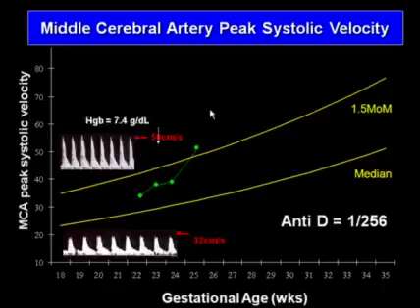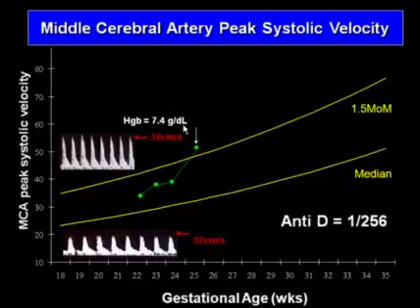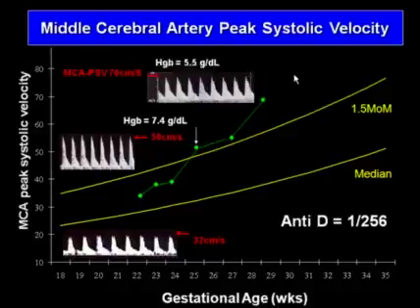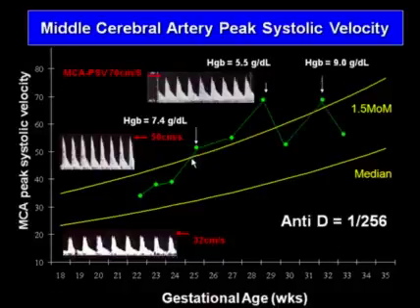At that point, we did a cordocentesis, and the fetus was anemic, with a hemoglobin of 7.4 grams per deciliter. And here you can see the trend of the middle cerebral artery peak systolic velocity following the transfusions. As you can see, after the transfusion, the value decreases.